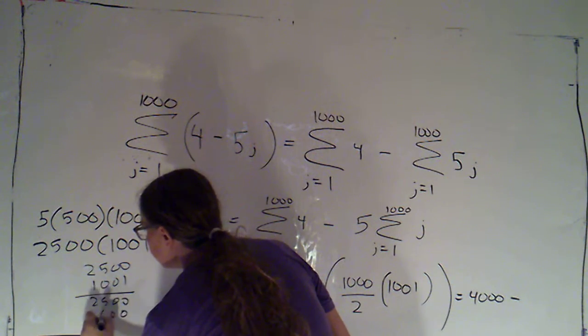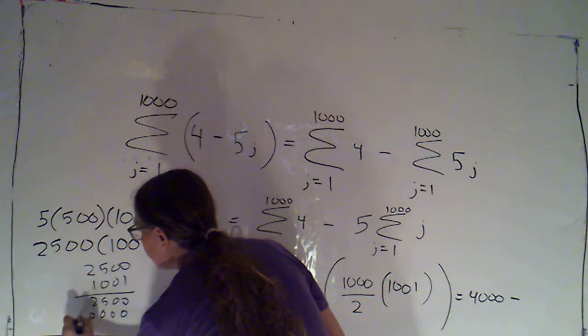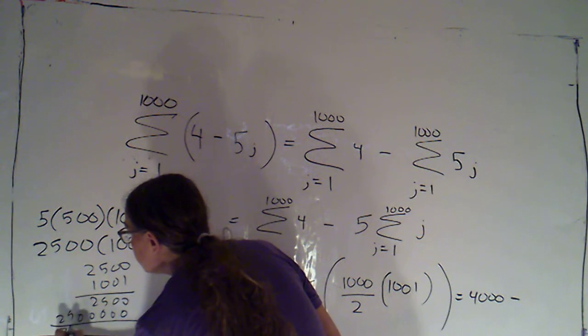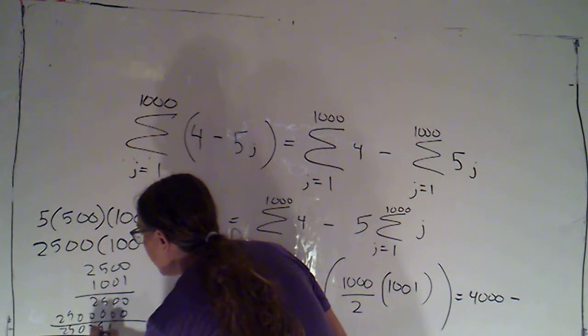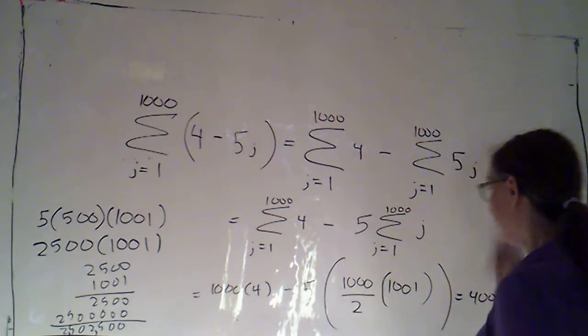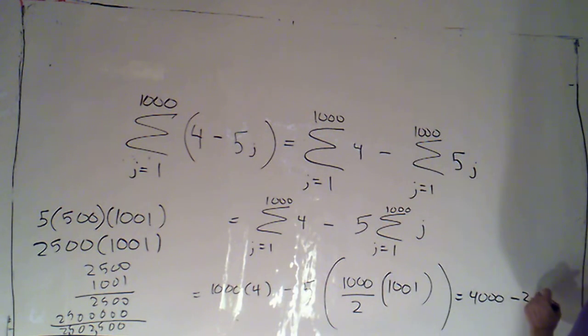So some placeholding zeros here, and then another 2,500. Looks like we're getting 250, 2500. So that's 2,502,500.